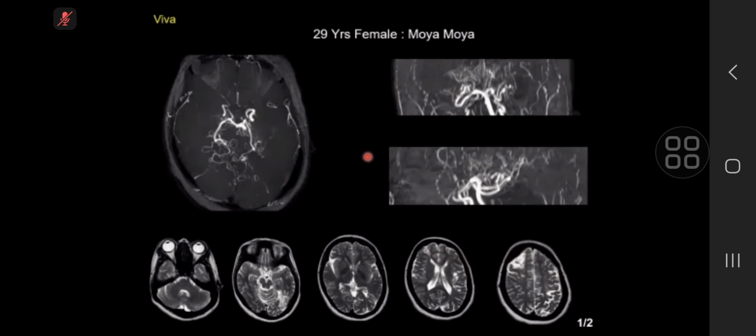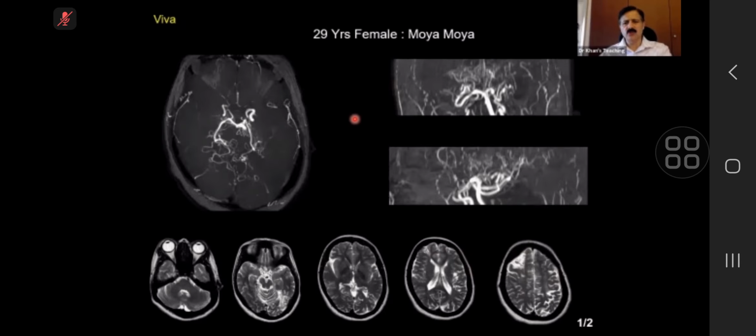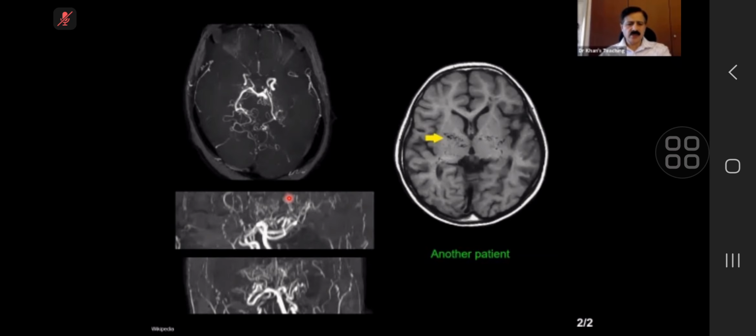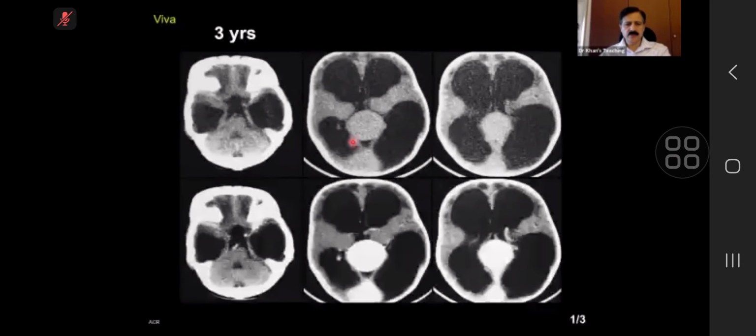This MR is in my collection when the patient was 29. At the age of 32, unfortunately, she expired. So this is Moya-Moya. Sometimes you can get prominent arteries in the basal ganglia, which makes sense because these are the lenticulostriate arteries, which might become very prominent. And this can happen in Moya-Moya.